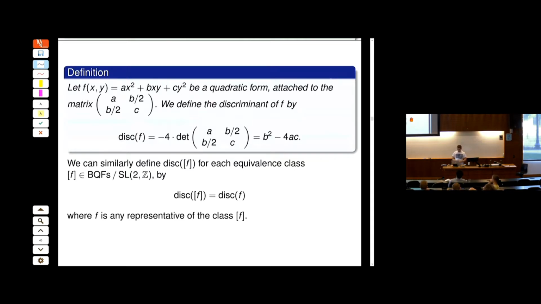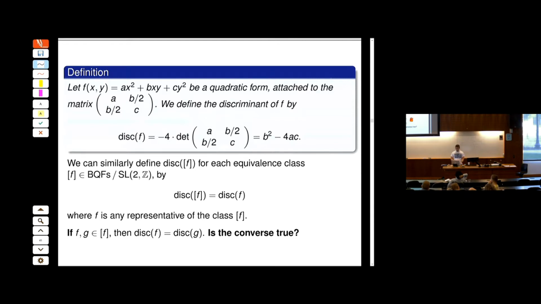We can actually define the same discriminant for any element of the class. Since the discriminant doesn't change, you take a class of binary quadratic forms, you pick one representative and compute the discriminant of that one. That will be the discriminant of the class. And what we know is that if two binary quadratic forms are in the same class, they have the same discriminant.